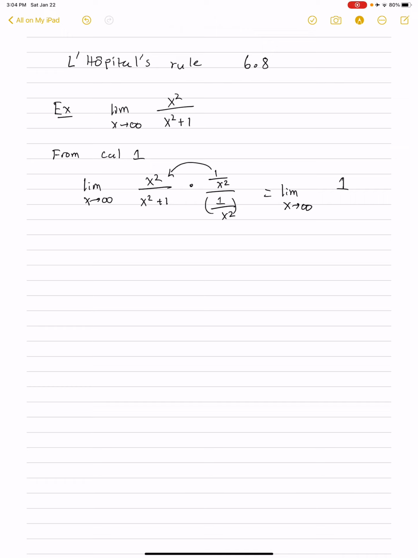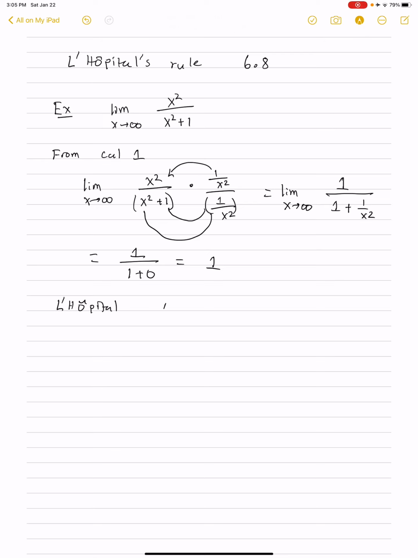Then we'll have to multiply this times this, and this times this. Well, we're going to get 1 plus 1 over x squared. Then, hey, when x tends towards infinity, this is going to limit to 1 over 1 plus 0. The limit's 1. Okay. Now, here's going to be L'Hopital's rule approach.